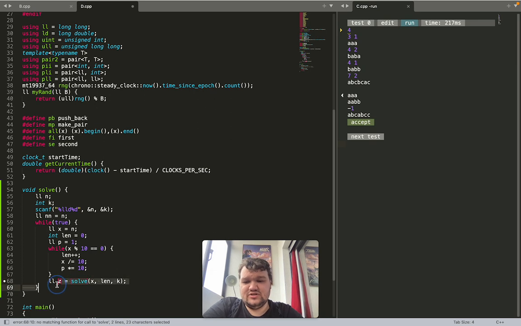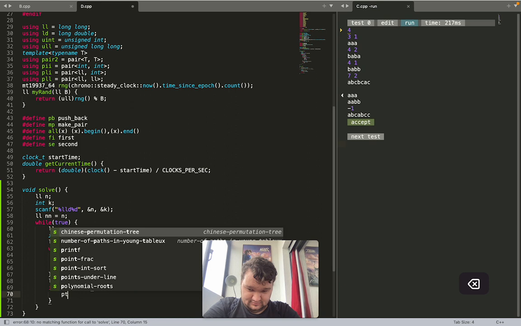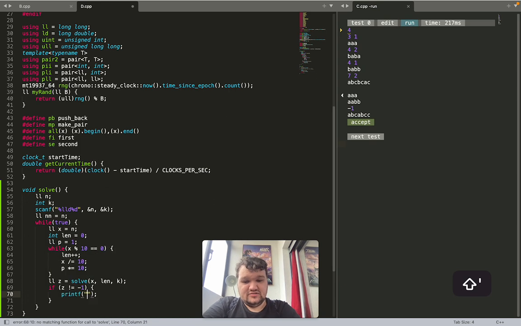So if it returns -1, then I just continue. If it is not -1, it will be the answer, but I need to print this number minus the n that was given to me.